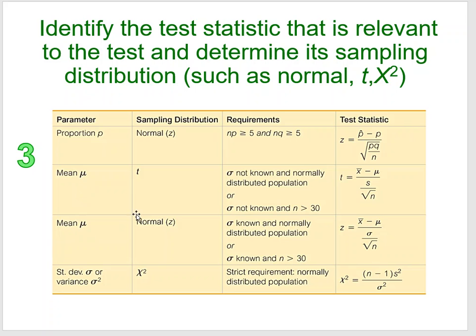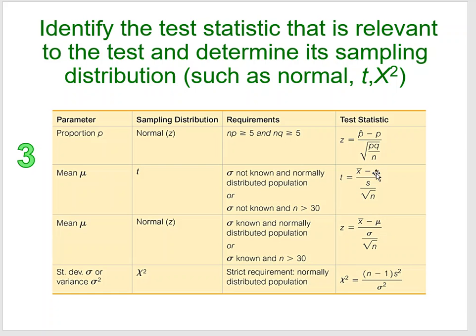If I'm doing a means test, I have to pick between the t sampling distribution or the normal z. The key here is sigma known or not known? If sigma is not known, sigma being the standard deviation of the population, then I use this formula and this distribution. If sigma is known, then I use this formula.